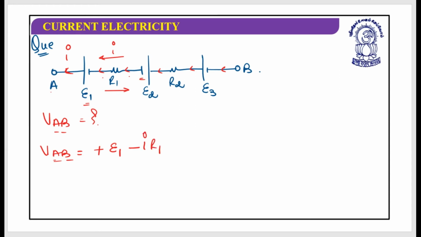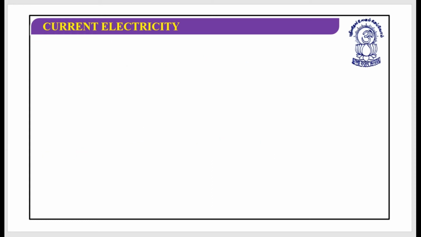Then I get the negative terminal of the battery, minus E2. Then again against the direction of the current, minus I into R2. Then plus E3, and that's it. You did it. Great job. I hope these things are clear. Yes? Do you enjoy this? Okay. Let's have a look at the new question.